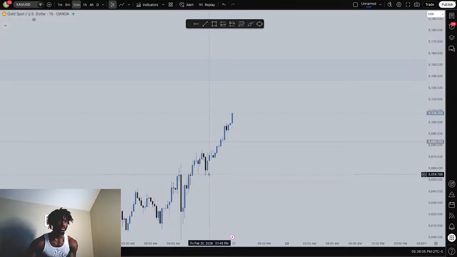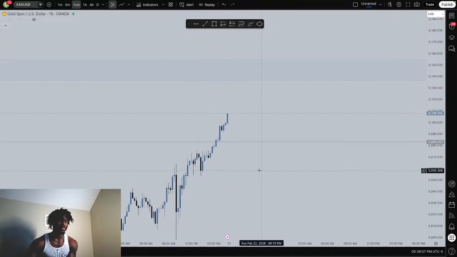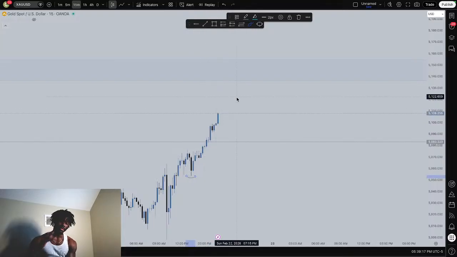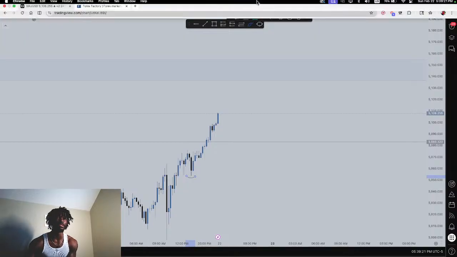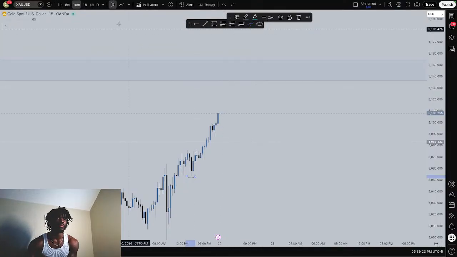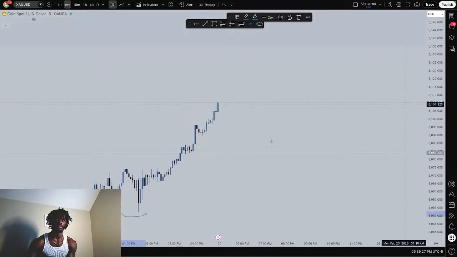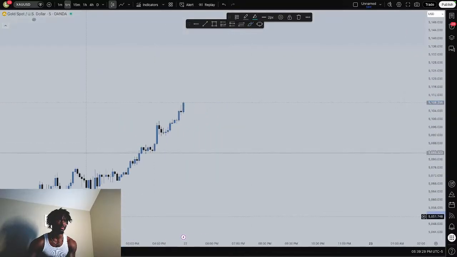This is the higher low that formed on the 15-minute. So I'll just mark this off. Then price created a higher high. Price is still continuing to keep going up, depending on what happens at market open, especially with what happened with the tariffs and everything. Let's see what the market does here.